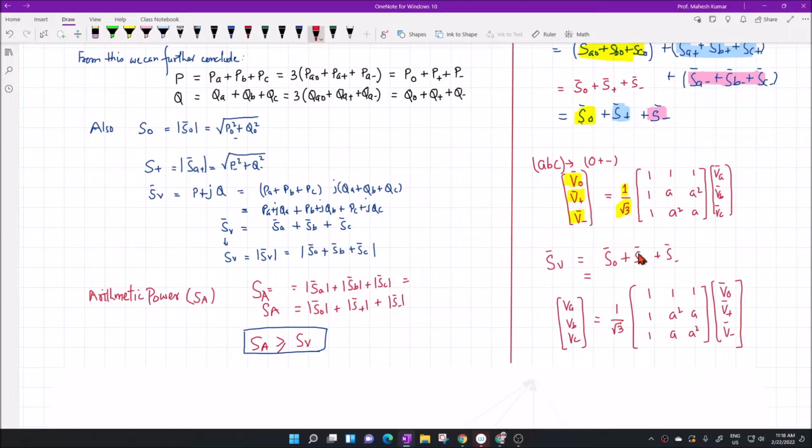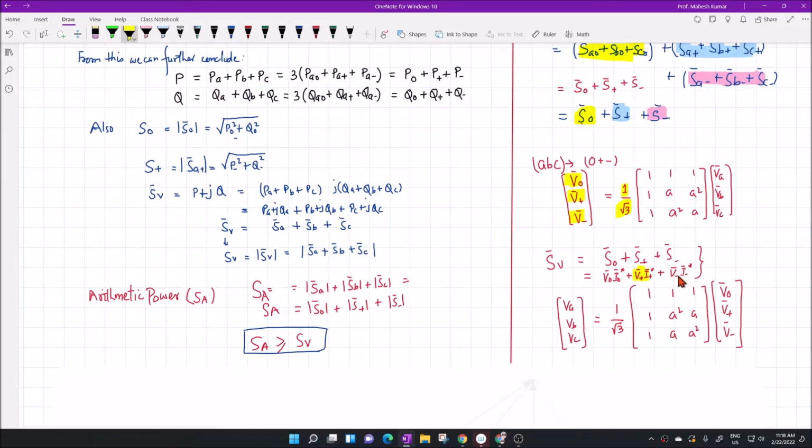Here S0 will be nothing but V0 I0 conjugate plus V plus I plus conjugate plus V minus and I minus conjugate. Please note, we have not used here A, B and C subscripts because 0 represents A, B, C, all three. Similarly, the plus represents all three, A plus, B plus, C plus here.